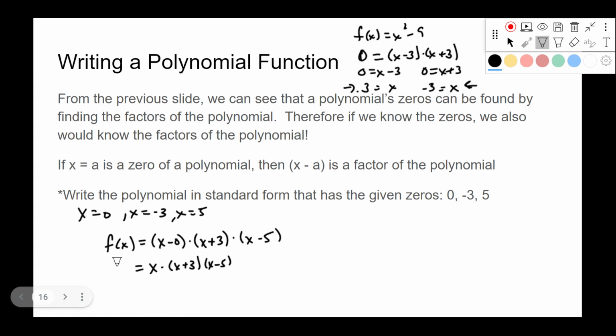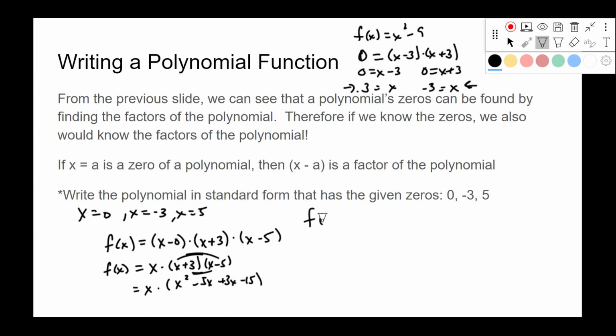Now we're going to multiply this out. It doesn't matter what order you multiply. I'm actually going to multiply the last 2 first, and then I'll multiply everything that I have by x. So I'm leaving the x out of it. I get x squared minus 5x plus 3x minus 15.